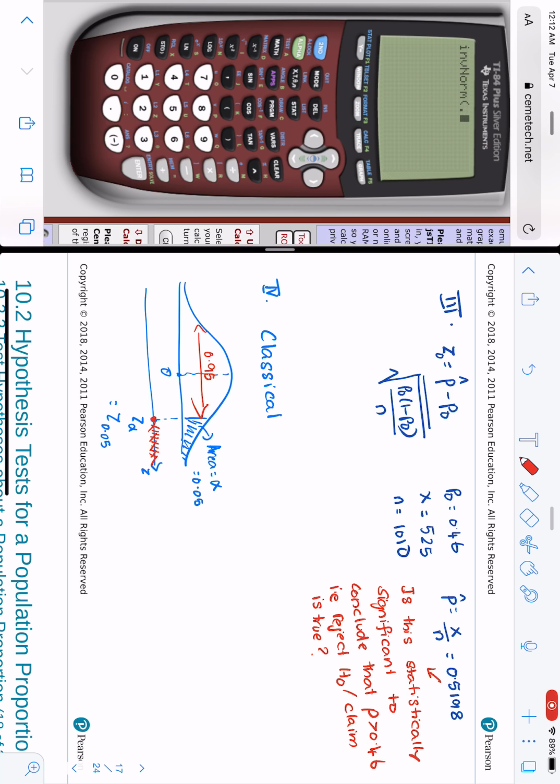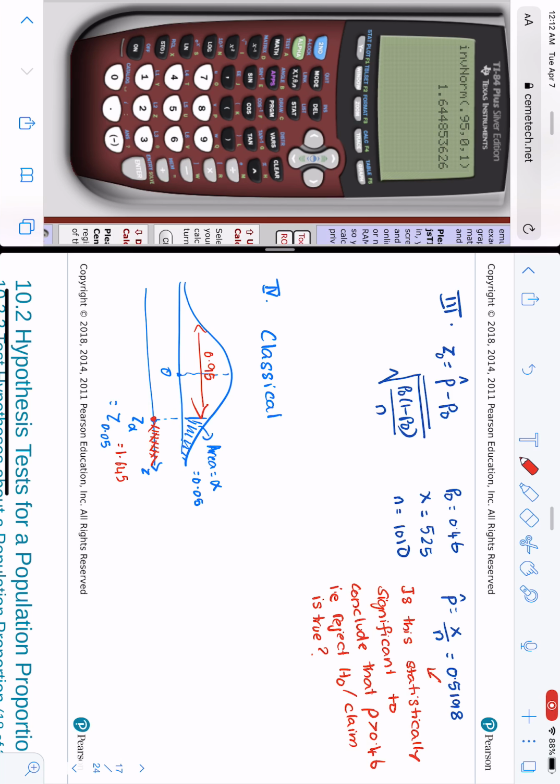So I'm going to type in 0.95, 0 and 1. Which would give us 1.645.